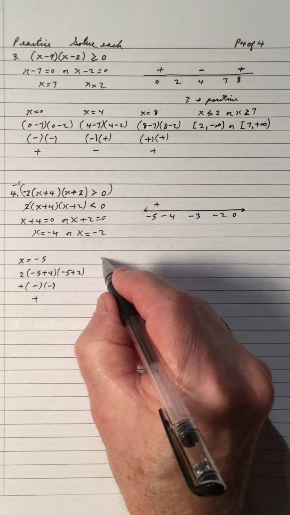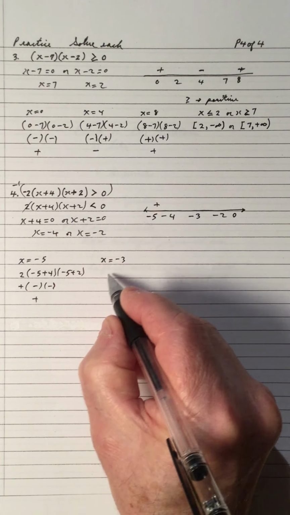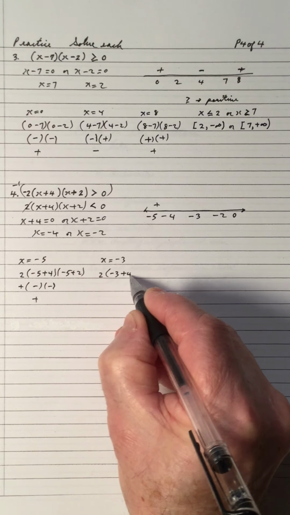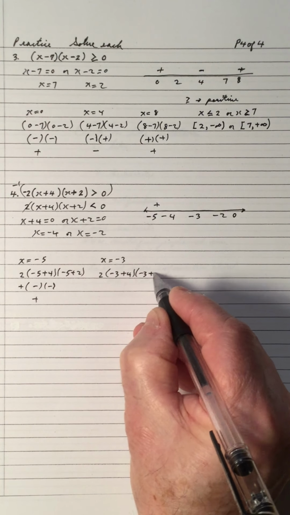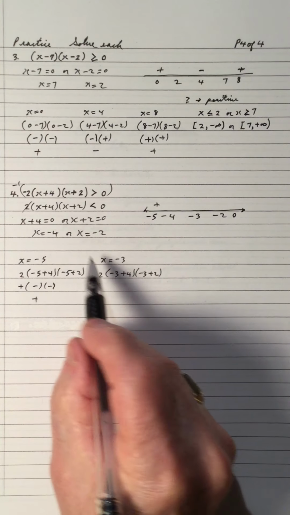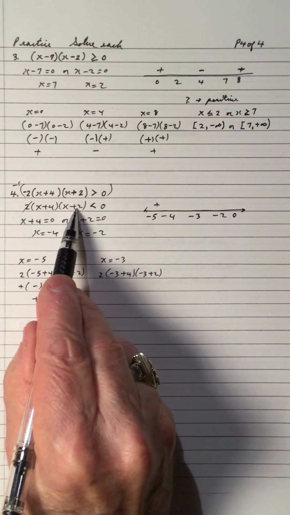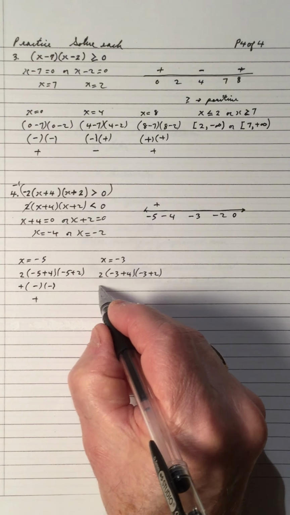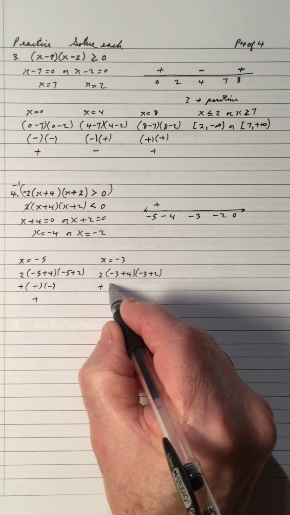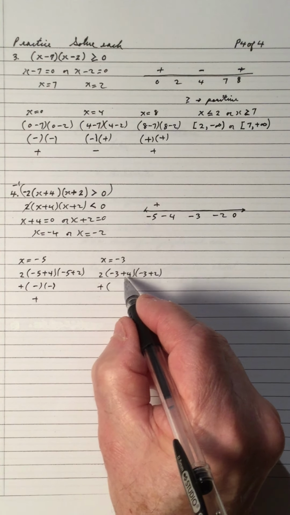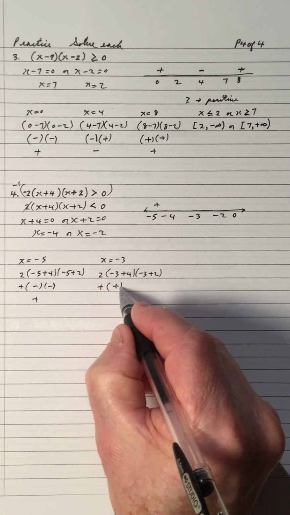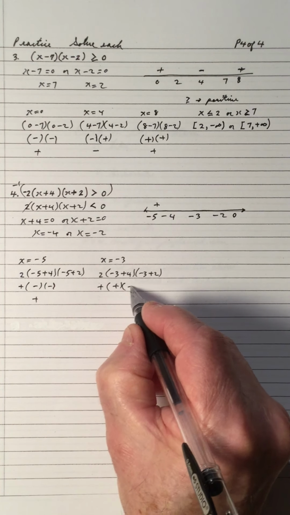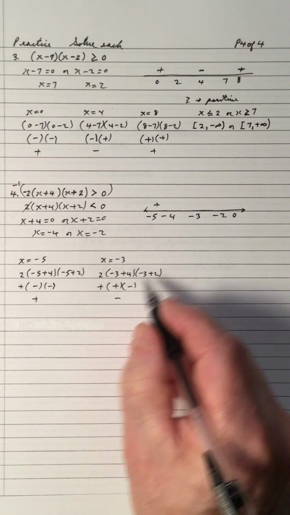Now we're going to work out the negative 3. 2, negative 3 plus 4, negative 3 plus 2. Again, I'm plugging the negative 3 into this one right here. I'm working on the less than. So that's a positive. Negative 3 plus 4 is positive. Negative 3 plus 2 is a minus. So that's a negative.